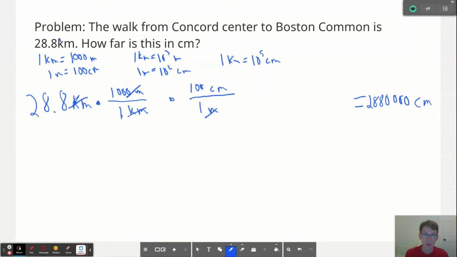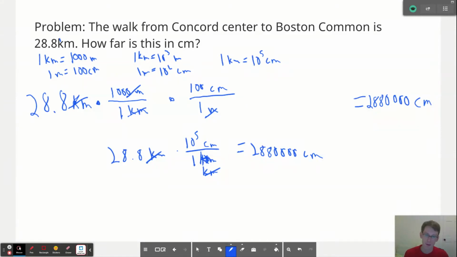Nothing wrong in figuring this out first, just from the fact that we have 10 to the third and 10 to the second, so we need 10 to the fifth. Then using that as my conversion factor, 28.8 kilometers times 10 to the fifth centimeters over 1 kilometer, I'll just say km. Sorry about that. 1 km equals 2,880,000 centimeters. We'll learn about scientific notation in a video that's coming up soon.